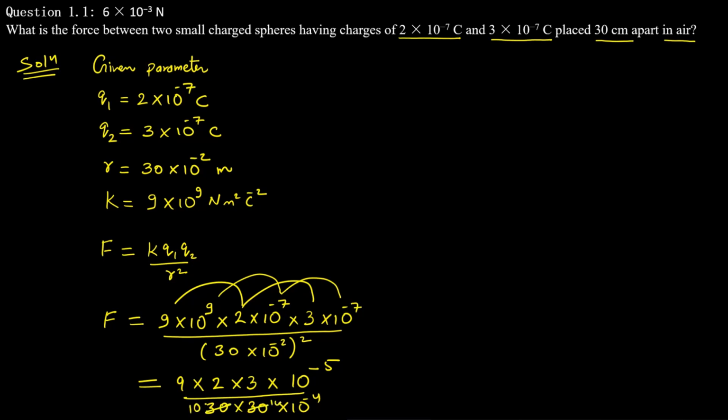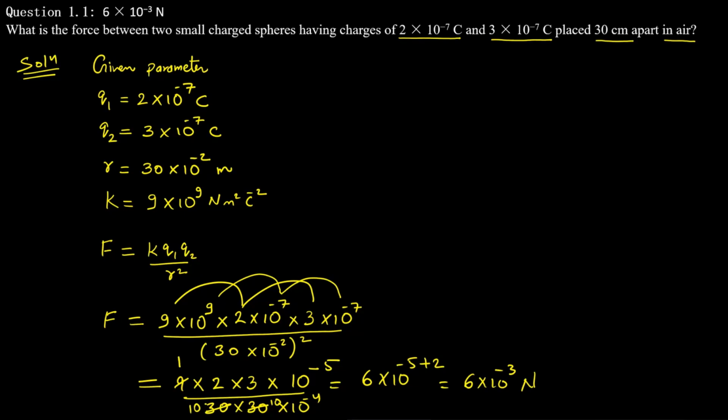So 10 times cancel, it will be 1. So 6 into 10 raised to minus 5, and this is minus 2, it will become plus 2. So 6 into 10 raised to minus 3. I hope it is clear. Yes, sir.